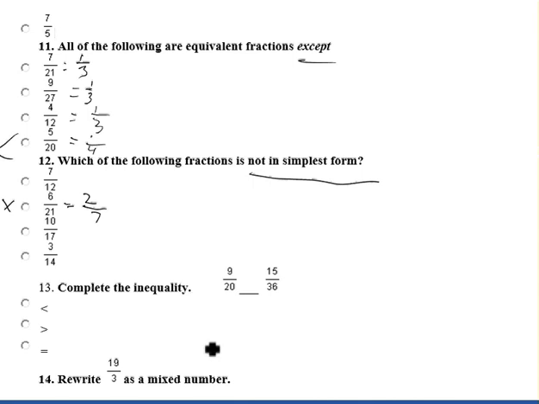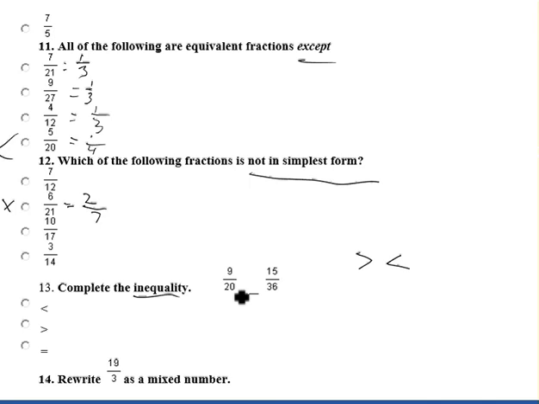Complete the inequality. Inequality is less than or greater than. Okay. That's what inequality means. They give you the symbols here. Okay, so 9/20 and 15/36. Well, let's see. We can simplify 15/36.